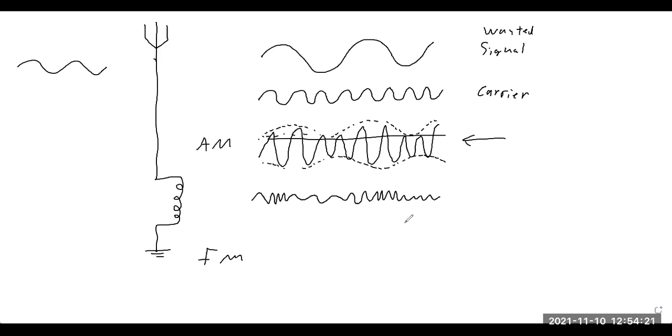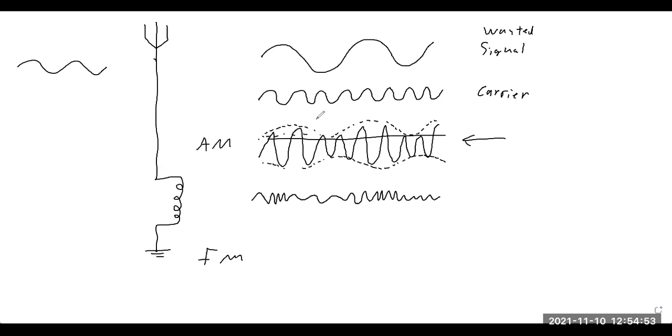So there's usually the ability to carry more information in FM. A higher frequency has more repetition per second, and you can get more information out per second in an FM wave. It also tends to be more noise resistant.